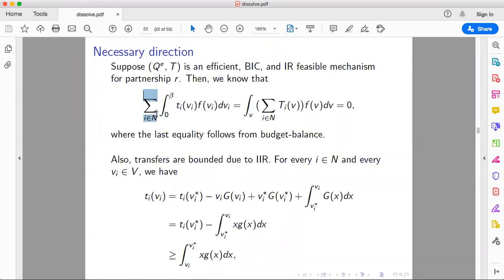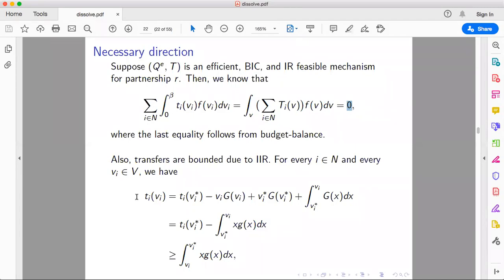This is the sum of expected payments of all the agents. Just rewriting this gives you the expected payment collected from this mechanism. But because it is budget balance, this term is 0. So this is the first observation: any budget balance mechanism will have the property that the expected payment collected from the mechanism must be equal to 0.